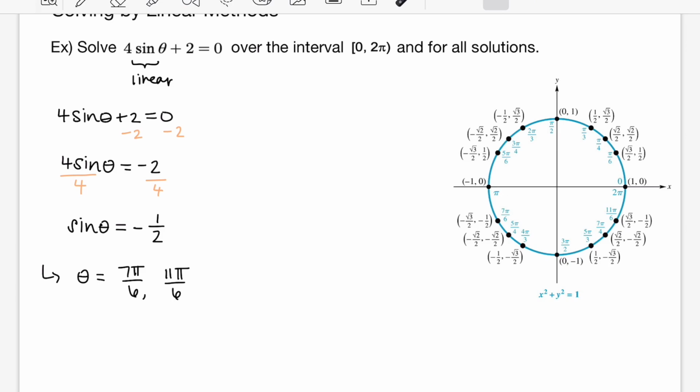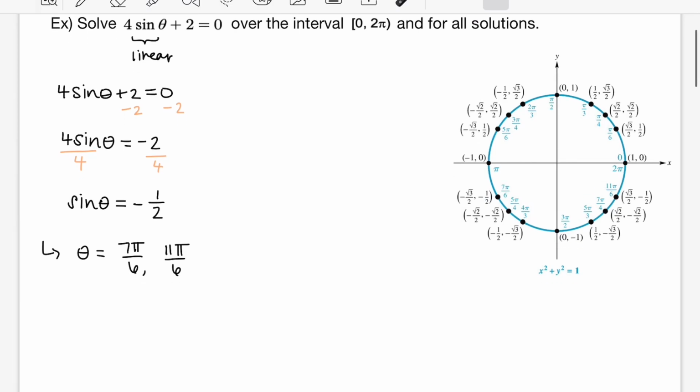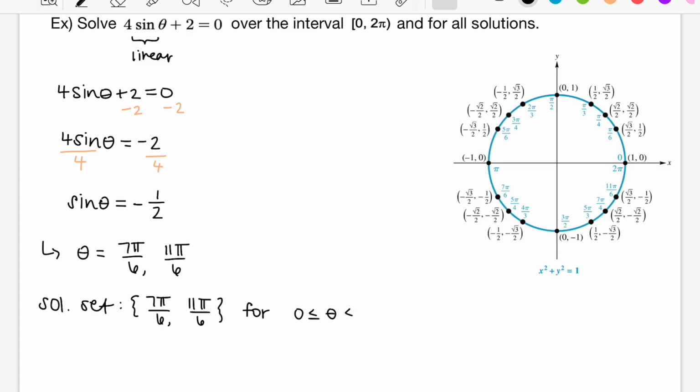Because at these angles, we can see that sine is going to be -1/2 and -1/2 here. So the solution set is going to be 7 pi over 6 and 11 pi over 6. And this is for our angles theta in between 0 and 2 pi.